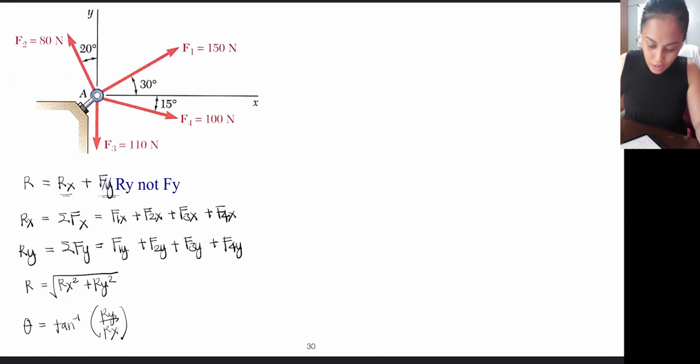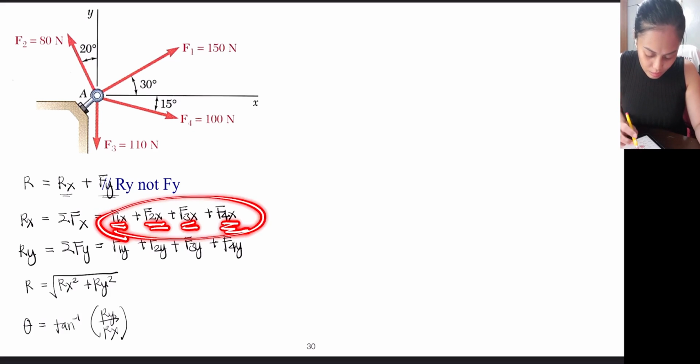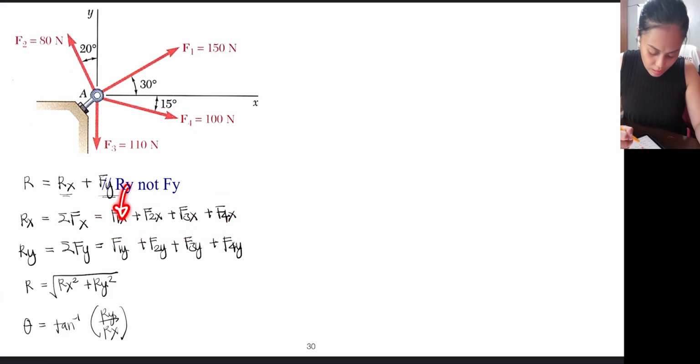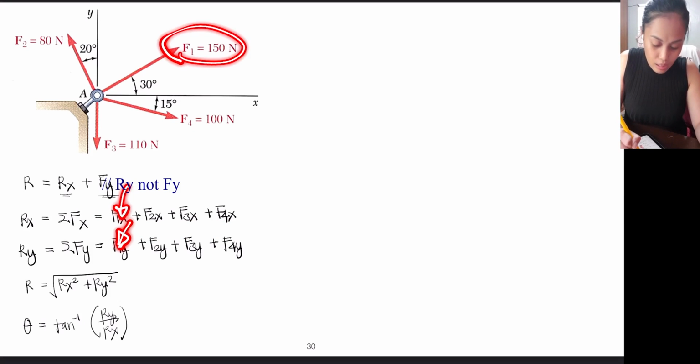Okay, so let's start analyzing the figure or the problem. What values do we put in F1x, F2x, F3x, F4x? So these are the x and y components of F1, which is 150 Newton.